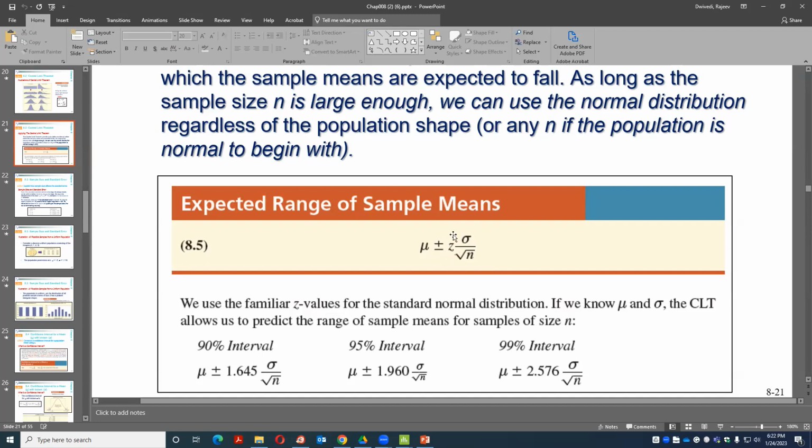And the z value: you want to reduce the margin, so should the z value be high or low? If the confidence is lower, the interval is smaller and smaller, and then you can predict very accurately.